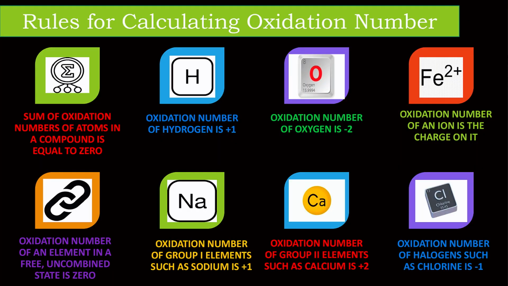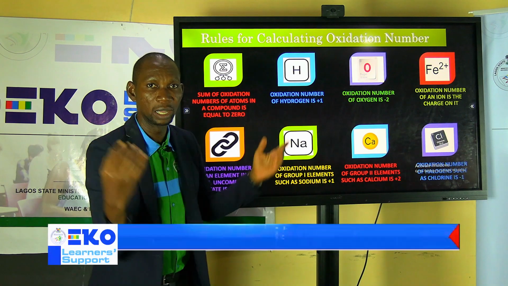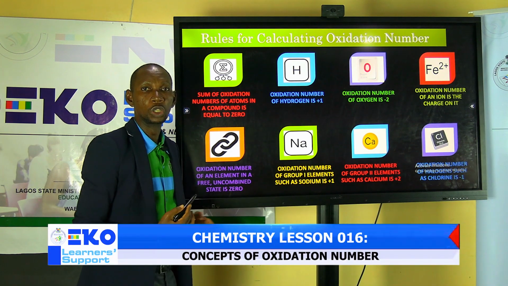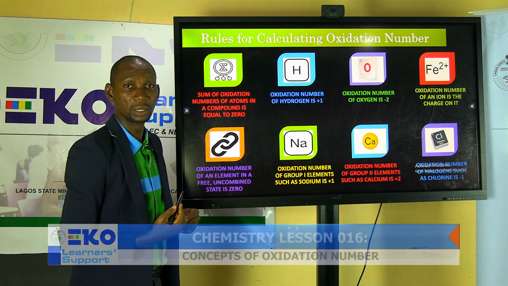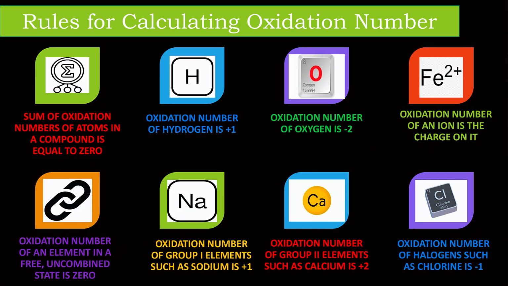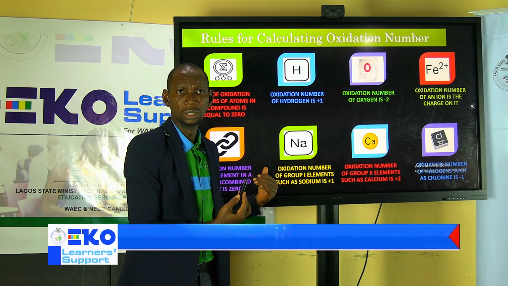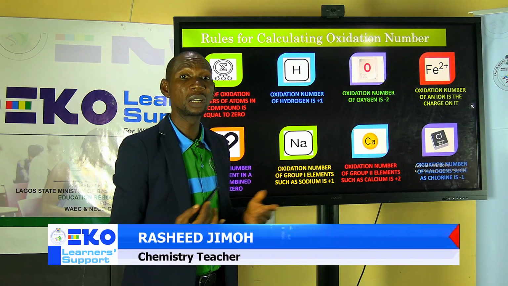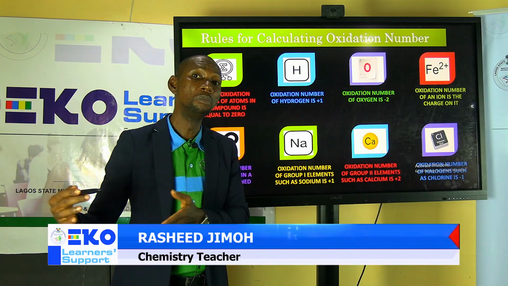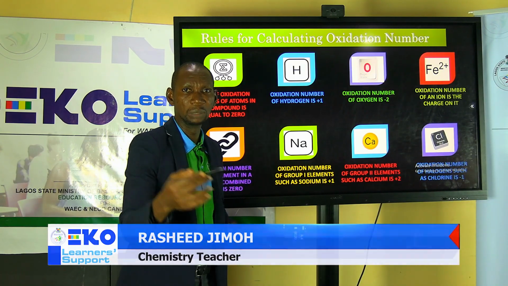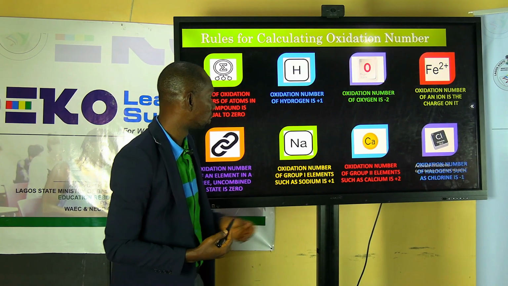The first and the most important is that when you have the oxidation numbers of atoms together, they sum up to 0. Please take note of that. The sum of oxidation numbers of atoms in a compound is equal to 0. Two, the oxidation number of hydrogen is +1. And why do we need to single out hydrogen? It's because hydrogen is present in most compounds, and it is important that you know what its oxidation number is.